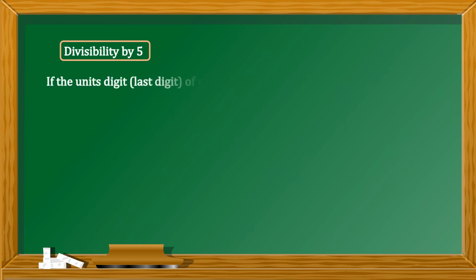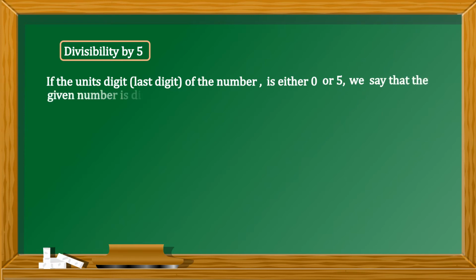The rule to test the divisibility by 5. If the units digit, that is the last digit of the number, is either 0 or 5, we say that the given number is divisible by 5. For example, 12,835.